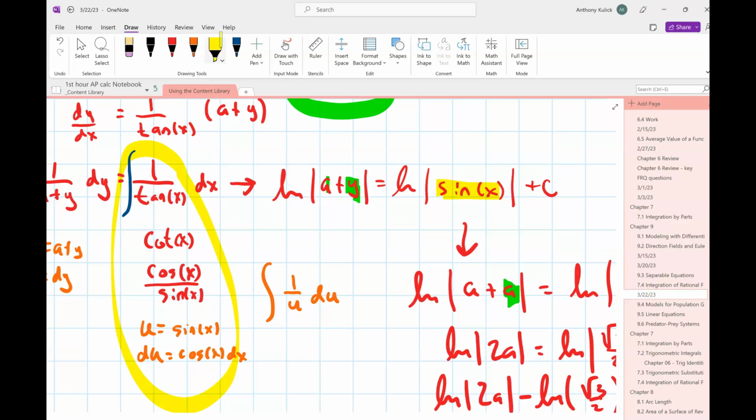Because some of those get brutally difficult. That was a pretty easy one, where I didn't feel bad about dropping that in. It's just a U sub. You have to use an identity, but I figured you guys would be okay with that. It was a basic identity.